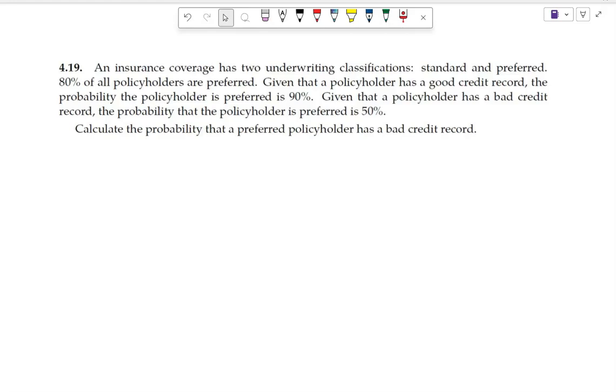Okay, so which part's the given? You've got a 50-50 shot, right? Which part's the given? I think the preferred is given too, yeah.